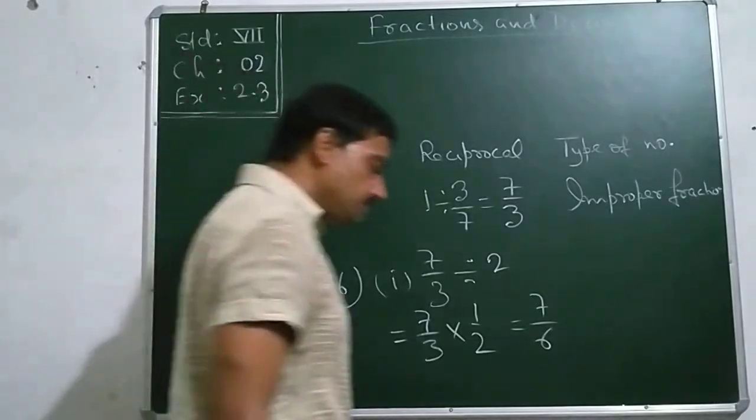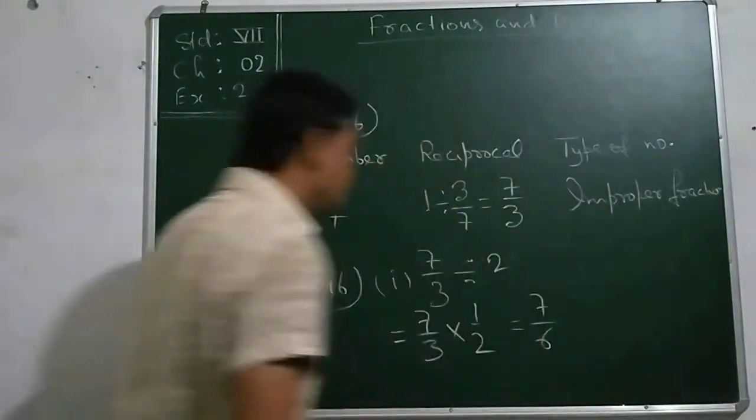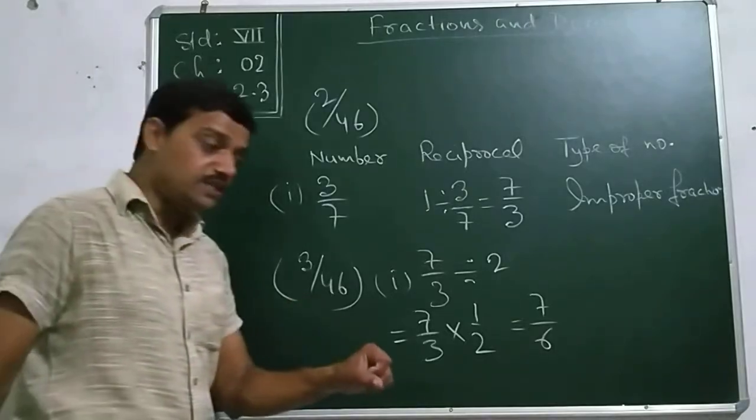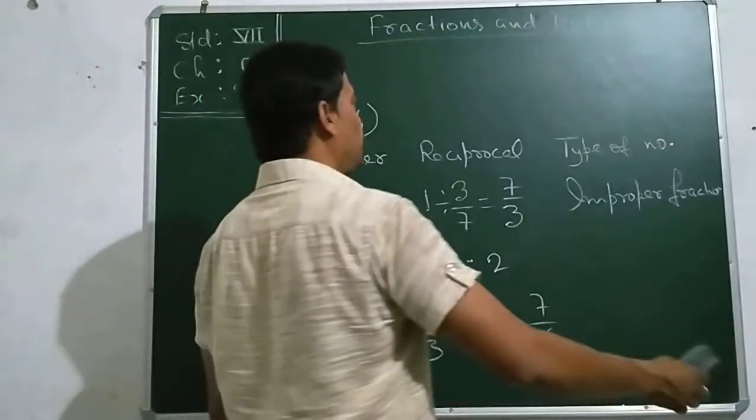And the last sum is the four number. Also I will explain one sum and you will try to complete the remaining sums.